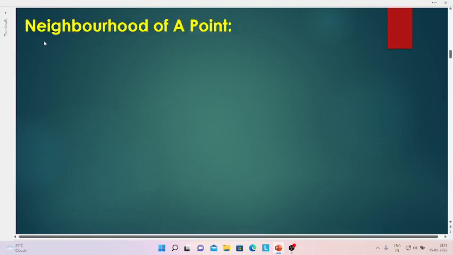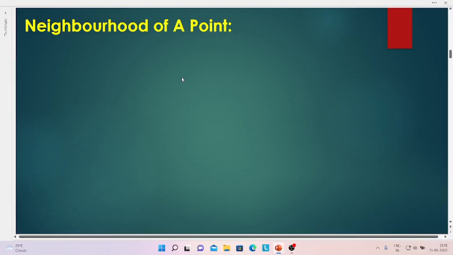Okay, let's move to the point which is neighborhood of a point. I have already discussed what is neighborhood of a point. But before starting the topic, let me talk about a very interesting thing. Suppose this is your house, right?